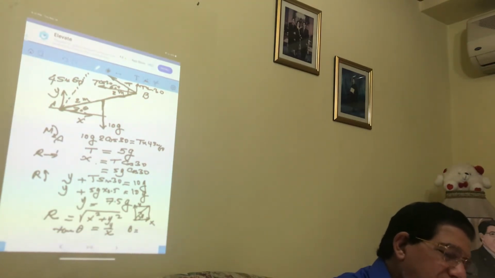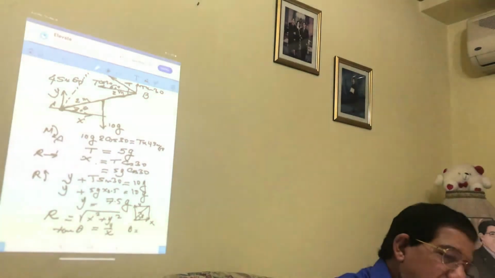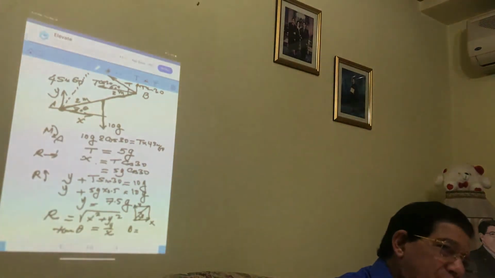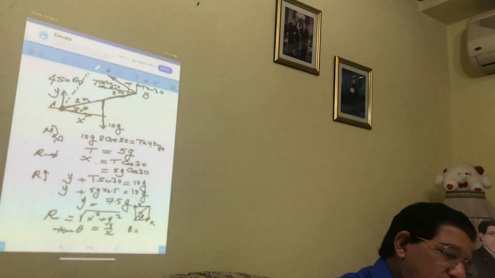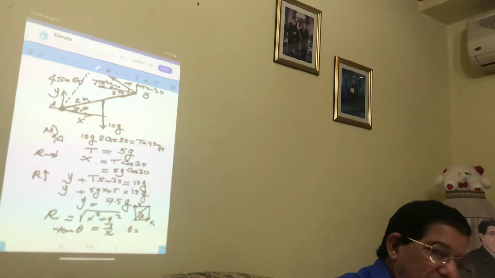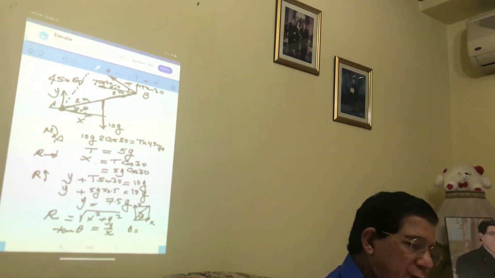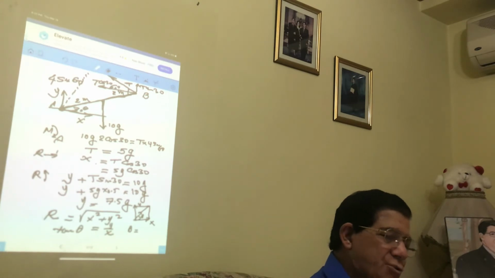Then we had the question of a rod which is pivoted at one point. We take the moment about that point first to get the tension in the rope. Then, by resolving, we get the components of that force R. Once we get its components, we can find the value of the force R and its direction.